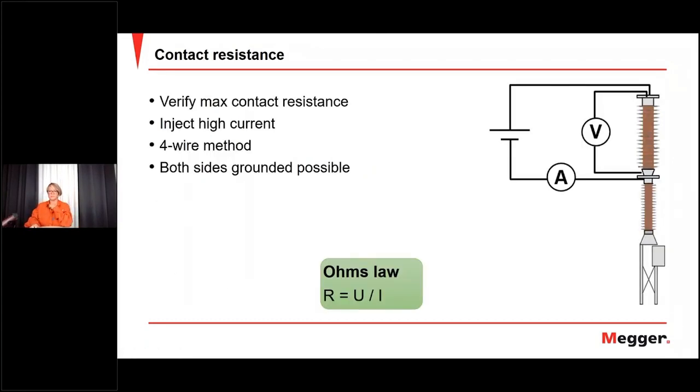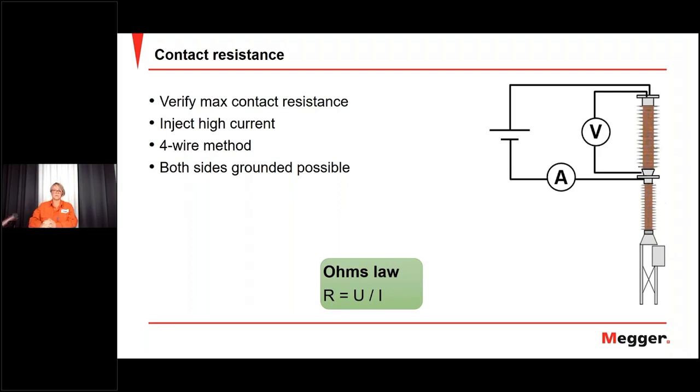So what do we do? We send a current over the contact and measure the current and the voltage so we can calculate the resistance. And this is to verify that we are not going over the maximum contact resistance, which you find in the manufacturer's report and also in the manuals usually.